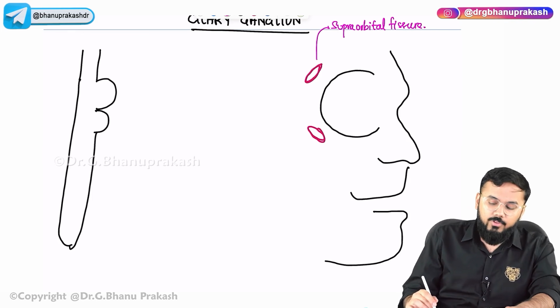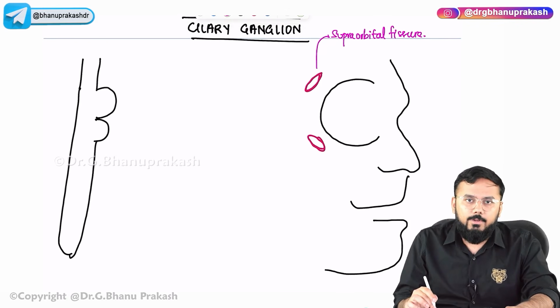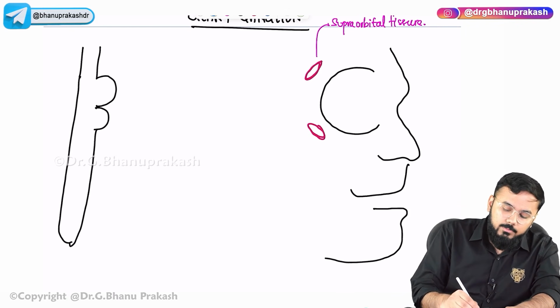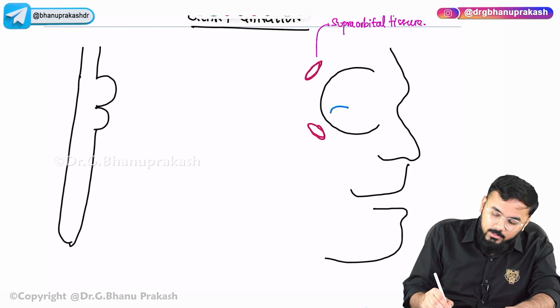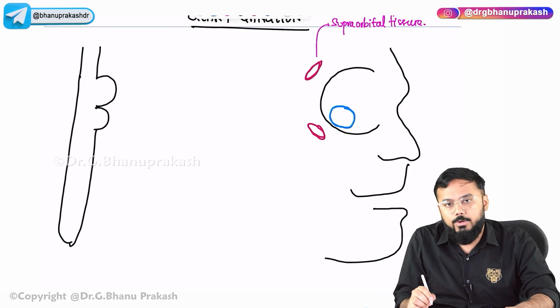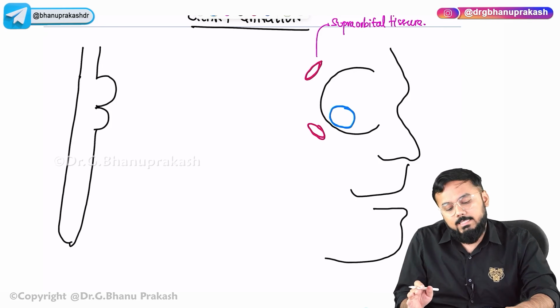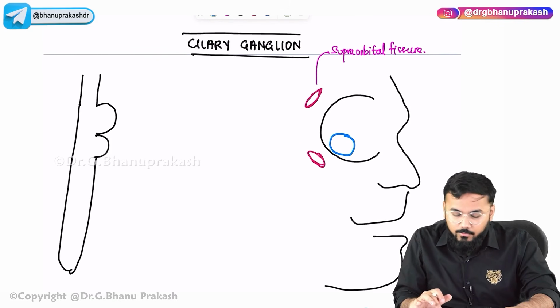Okay. Now where is the ciliary ganglion basically located? The ciliary ganglion is located in the posterior part of your orbit. See, this is the posterior part of the orbit. This is the place where the ciliary ganglion is located. So where is it exactly located? Lateral side of the optic nerve.